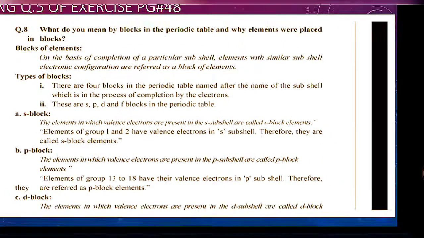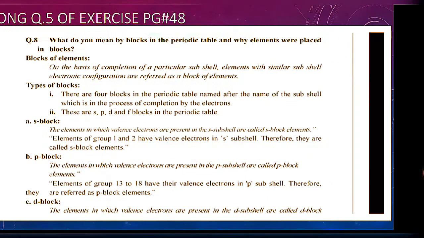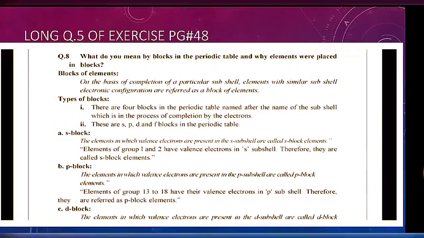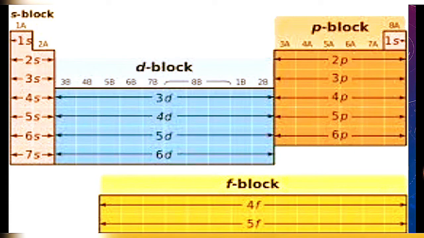And you can see here the periodic table, which contains the first group and second group. The first group contains 1 electron in its outer shell s, and the second group contains 2 electrons in its outer s shell. So the first and second groups have their last electron in the s subshell.